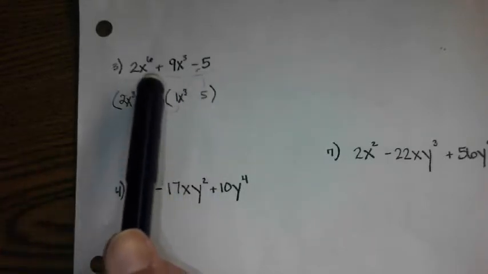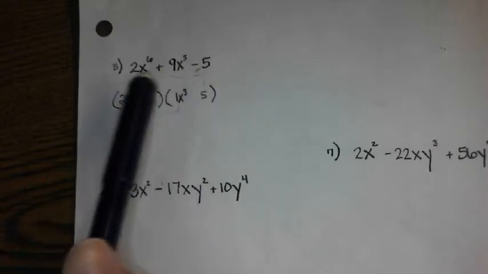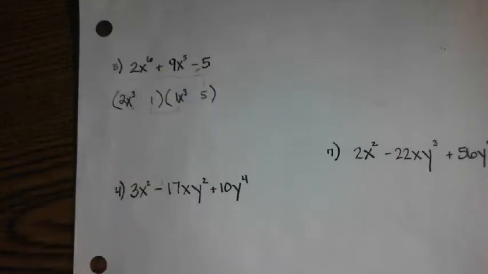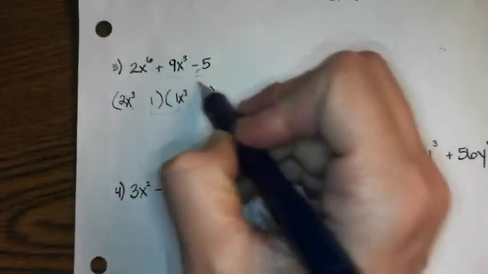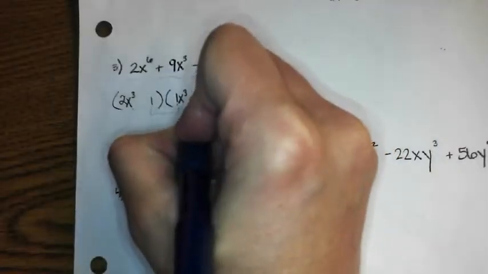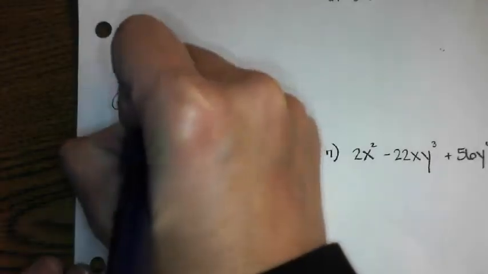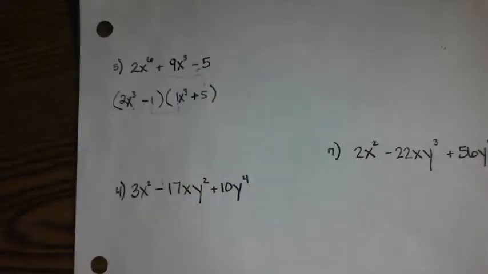If I want it to be a positive 9 in the middle, I want the larger of the two products to be positive. So would that be the 10 or the 1? You want your 10 to be the positive, so I'll put a positive in front of the 5. That'll make a positive 10x cubed and a minus 1x cubed, and we all can confirm 10 minus 1 is 9. Good? Any questions?